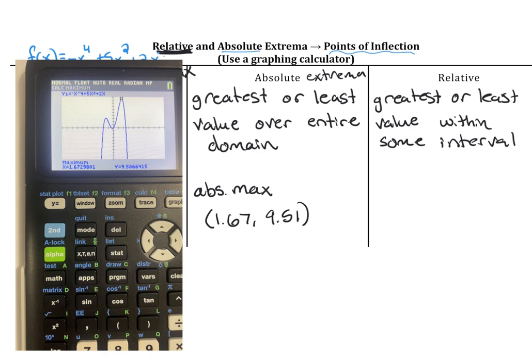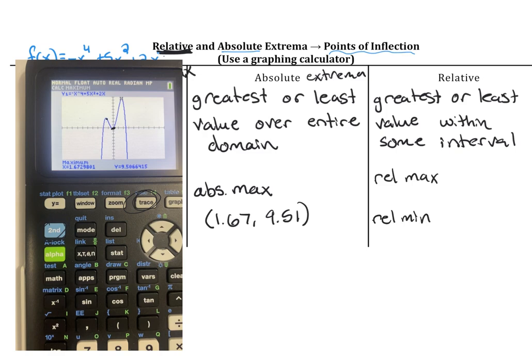So now you can do that same process to find your relative extrema. This is still a maximum, and then you go in and you find a minimum. So that's using second trace. And you can find those. You just have to do left bound, right bound, and then guess. So I'm going to give you those values, the relative max and the relative min.